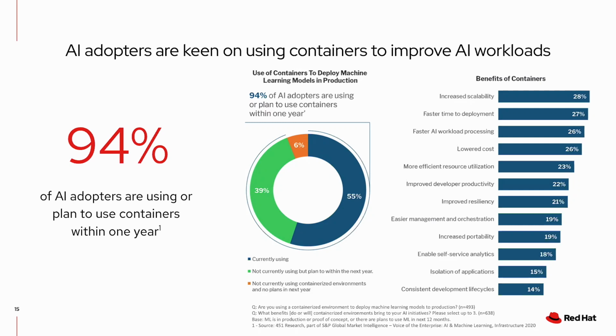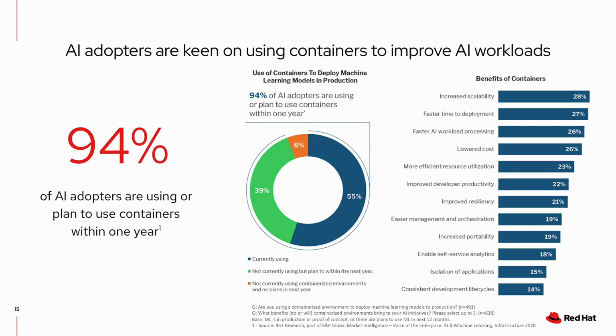We are seeing this in our install base as well. A lot of customers are doing this solution on top of containers, Kubernetes, and DevOps. What you see on the screen here is a survey from 451 Research. They surveyed more than 500 customers, and a vast majority said that if they're not using containers today, they plan to use them in the next year to help them take the models into a production environment.